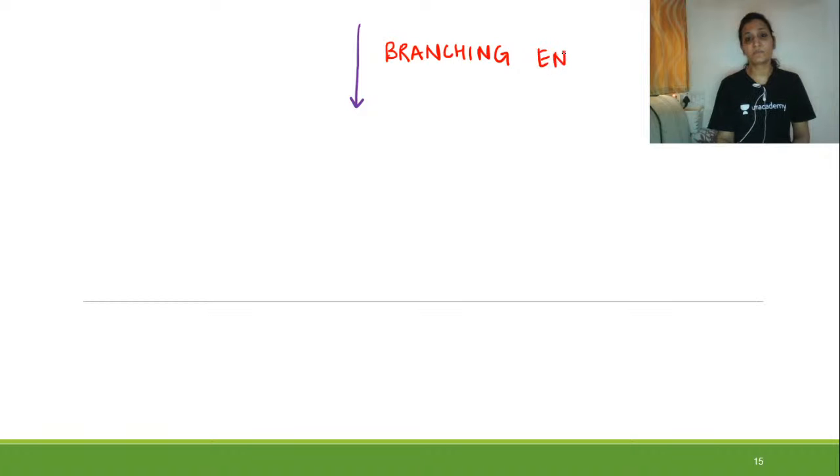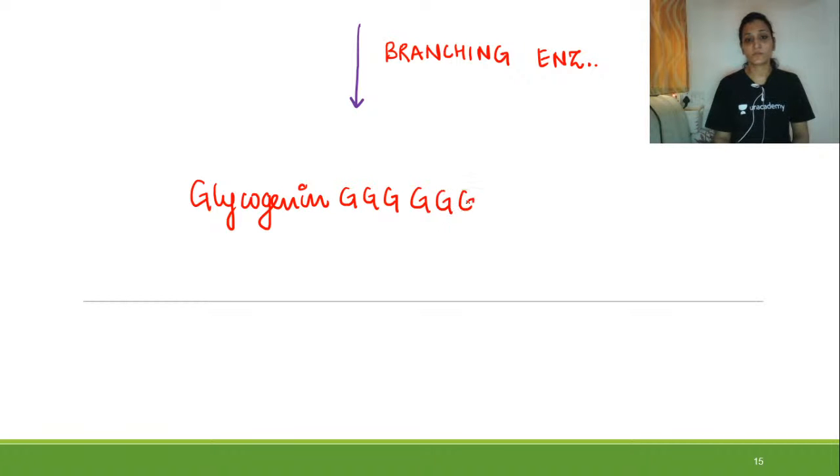Fine. So how is the branching enzyme doing this? Glycogenin, and the molecules which have detached themselves, around 6 to 8, will come and attach like this.